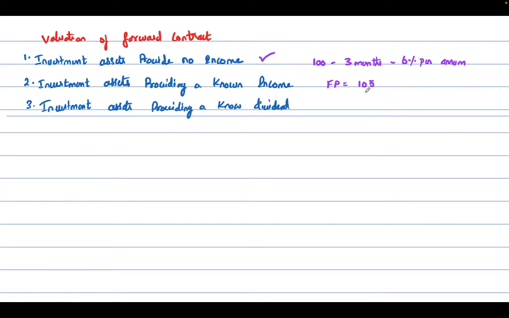So at the end of 3 months, you are going to deliver the shares for 105, and the sum of money which is required by you to pay back the money which you borrowed is calculated like this.